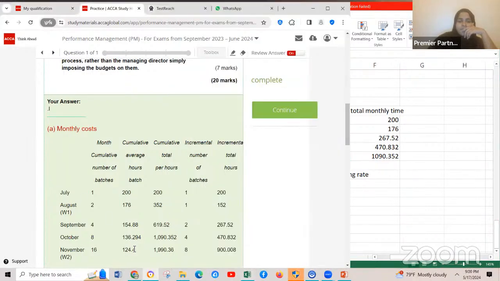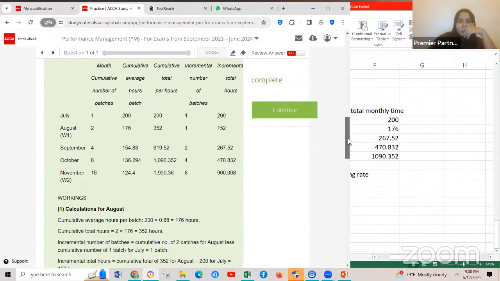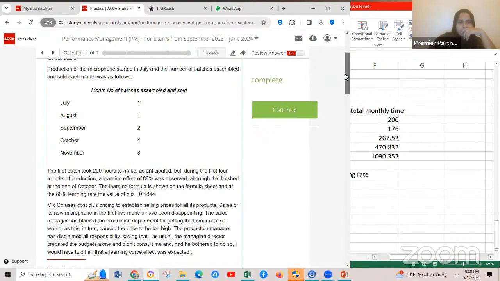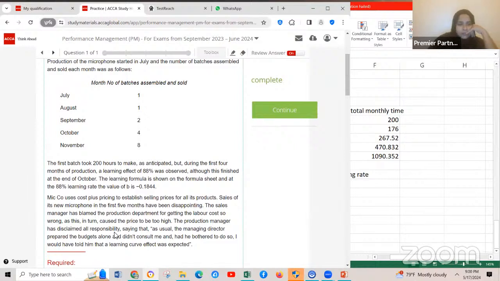They have taken the learning rate for November as well, but they mentioned that in November the learning doesn't happen. The learning formula, a learning where 88% was observed, although this finished at the end of October.